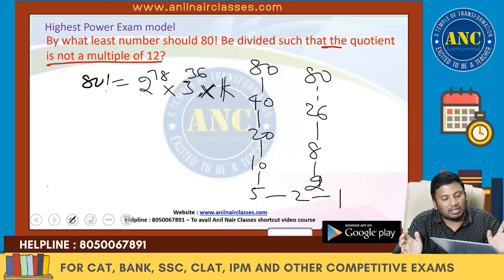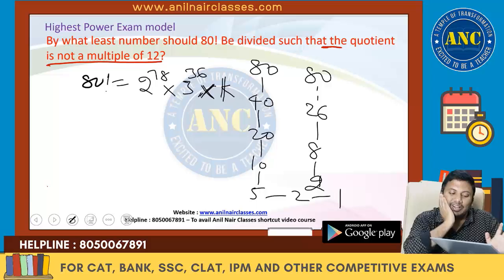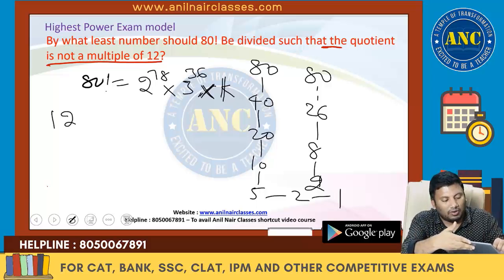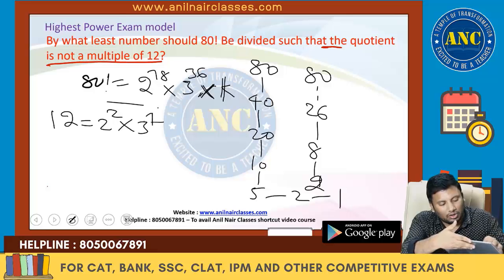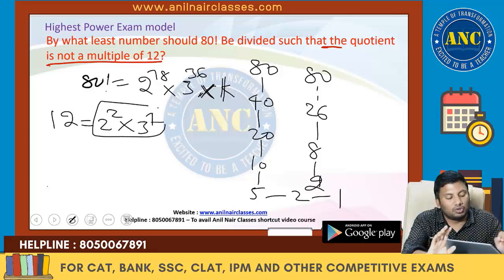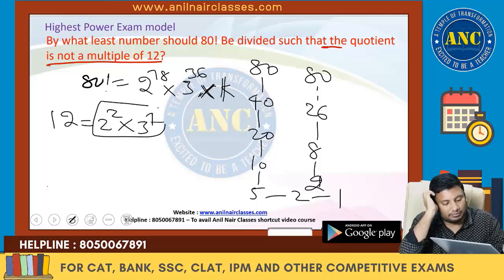The answer is not a multiple of 12. What is 12? 12 means 2 square into 3. 2 square should not be present.